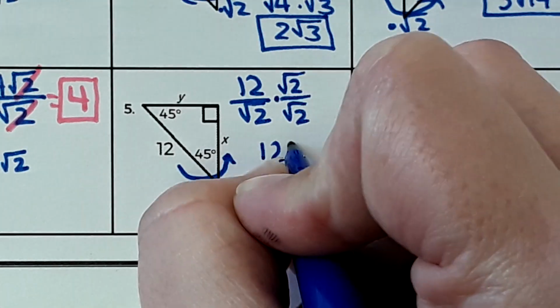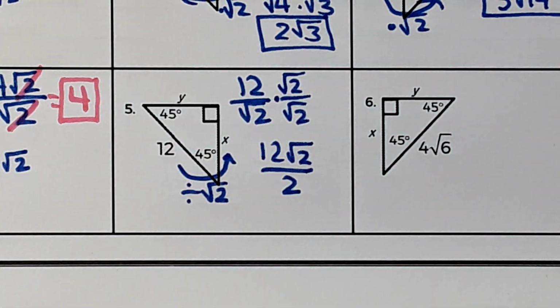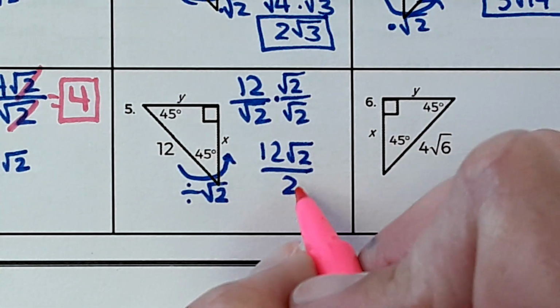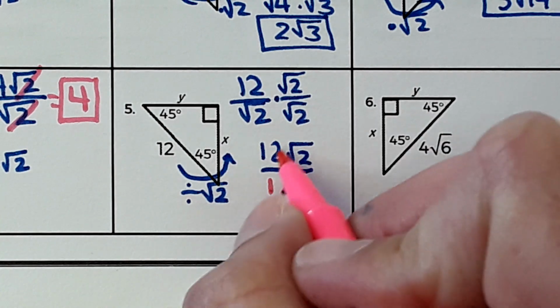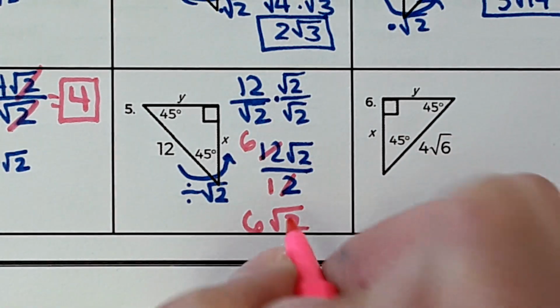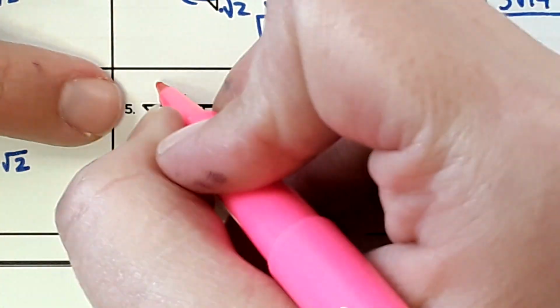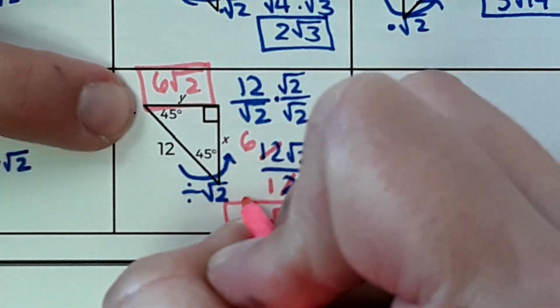Then you get 12 square root of 2 over 2. To simplify this, 2 and 12 can both be divided by 2. So we get 6 square root of 2. And that represents the side length, 6 square root of 2 here, and then x would be that as well.